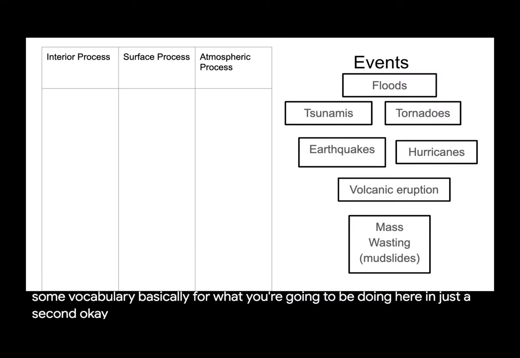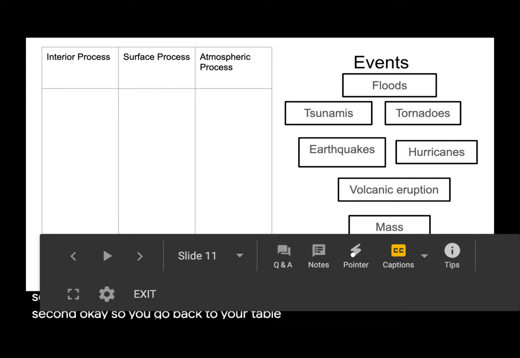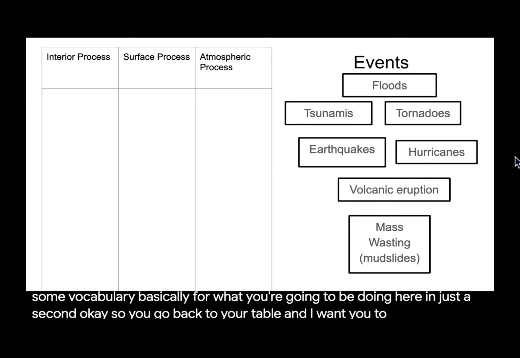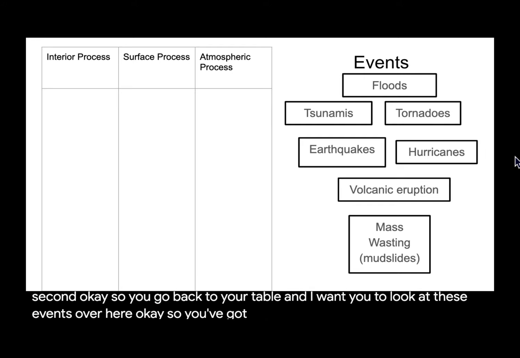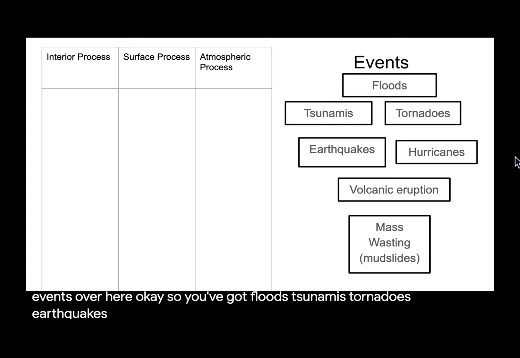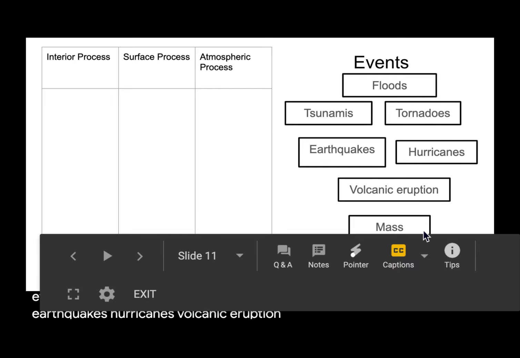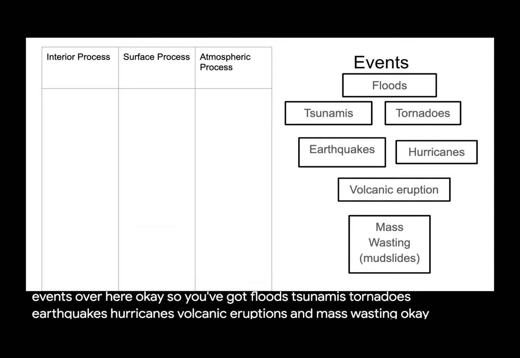Okay, so you go back to your table and I want you to look at these events over here. You've got floods, tsunamis, tornadoes, earthquakes, hurricanes, volcanic eruptions, and mass wasting, or mudslides.